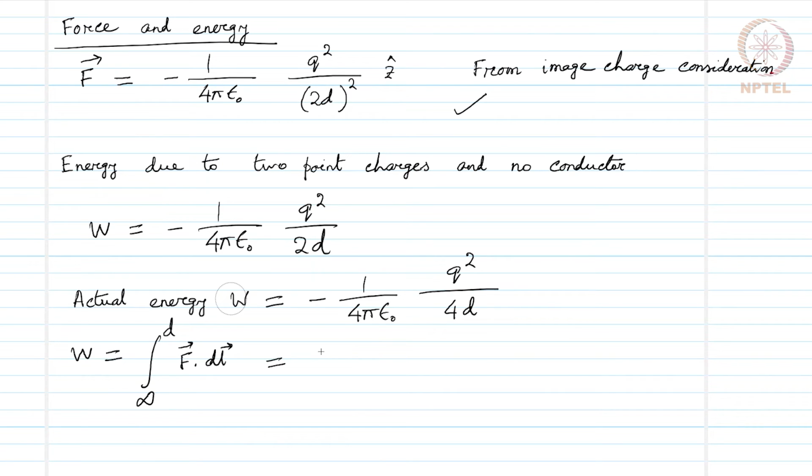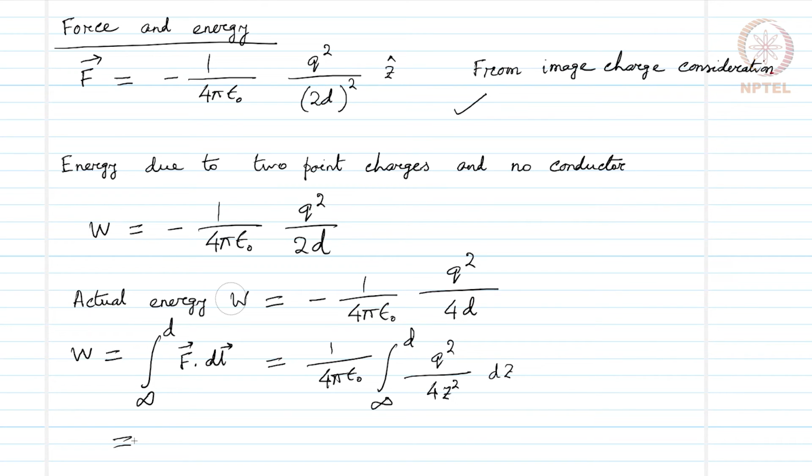This will be given as 1 over 4 pi epsilon naught integration from infinity to d of q squared over 4z squared dz.